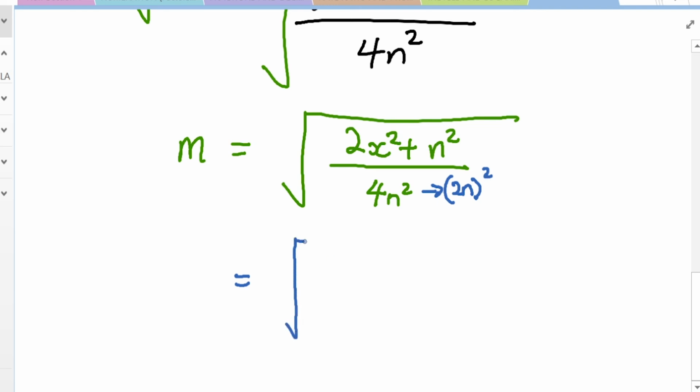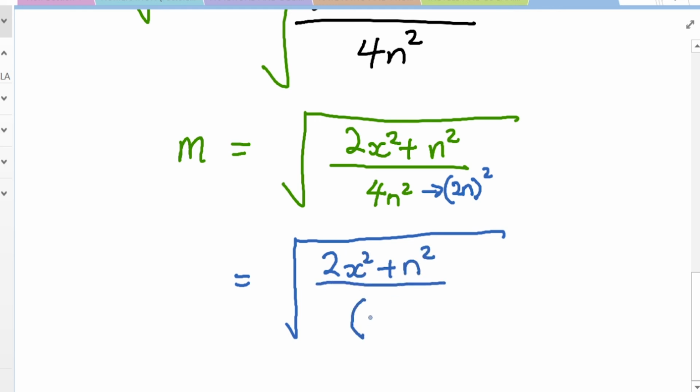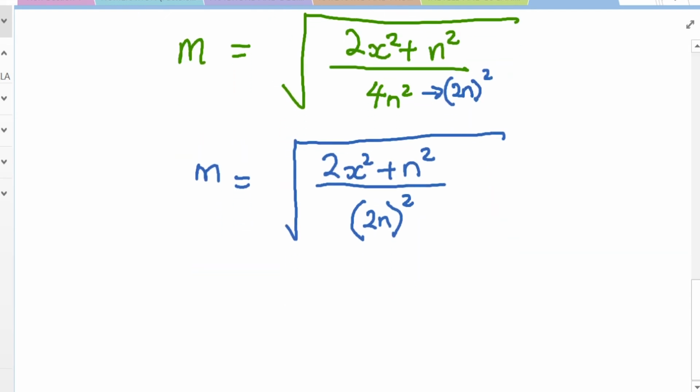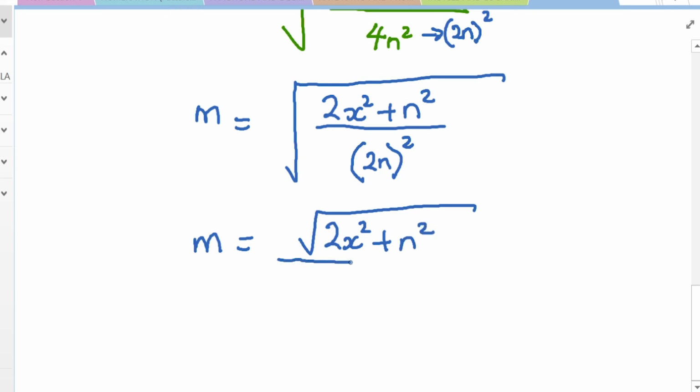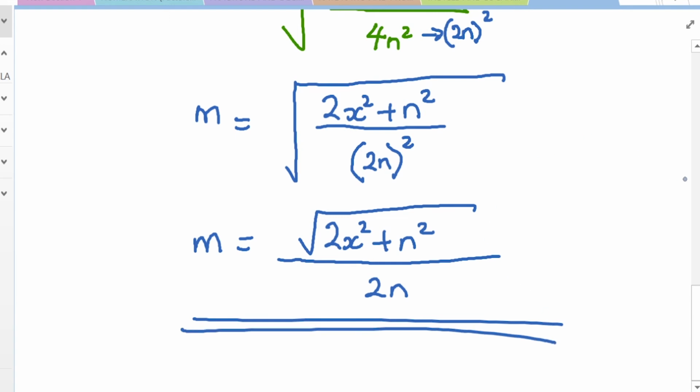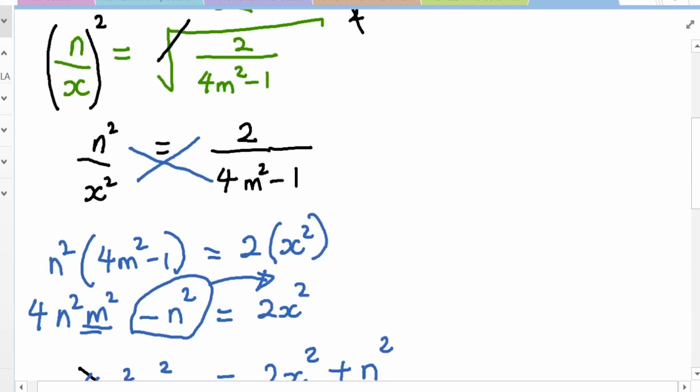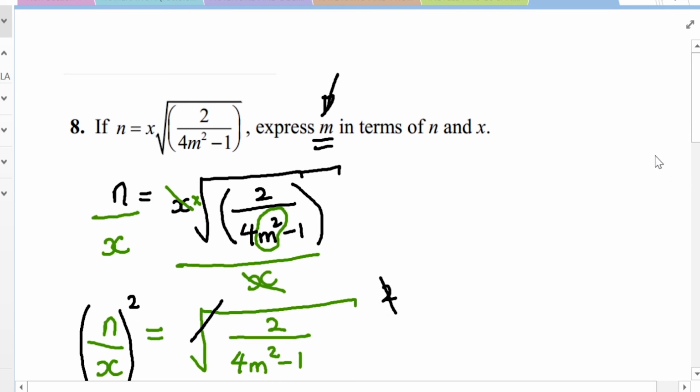So I can as well say that this is 2x squared plus n squared, divided by, in brackets, 2n squared. This is m. I'm just simplifying the expression, but we already have the answer. So our value of m here becomes the square root of 2x squared plus n squared, divided by 2n. You can stop there. That is the answer to that expression.